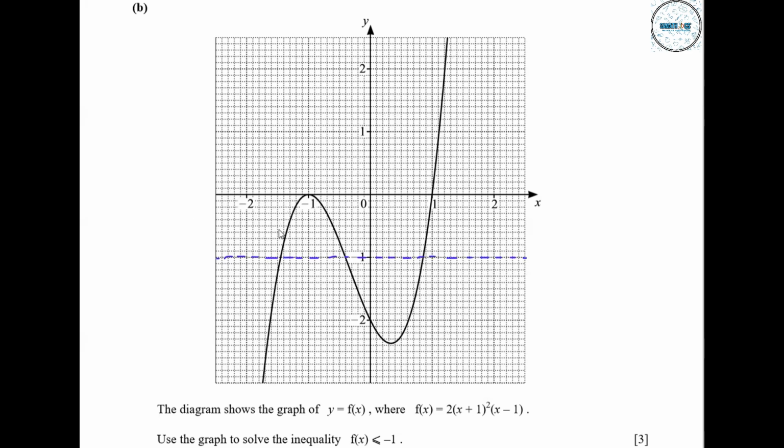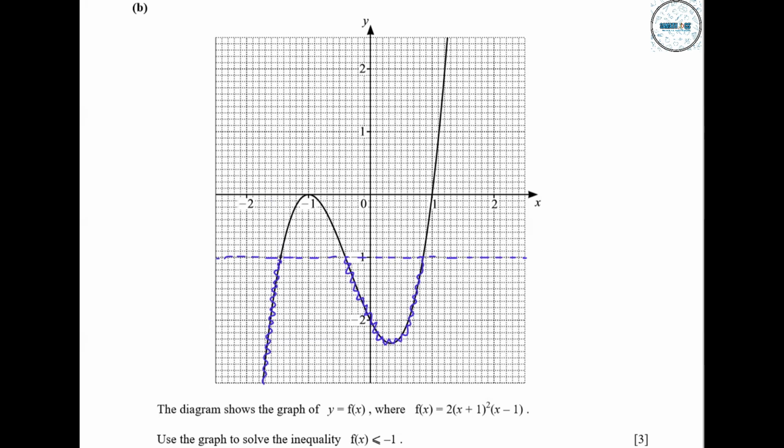So if we see, we have to consider the lesser part of this curve. So it means that we have to consider this part of the curve, this part as well as this part of the curve. Then we have to tell the values of x on this part of the curve.